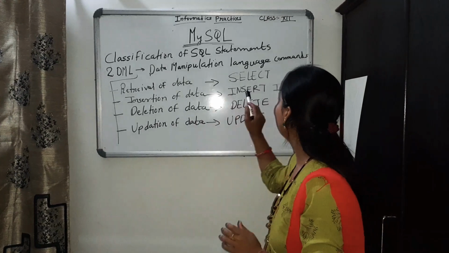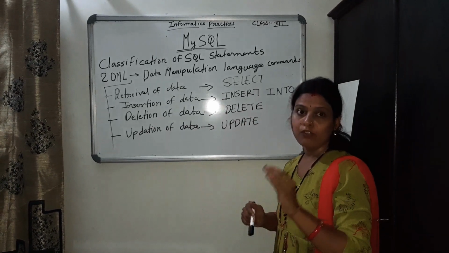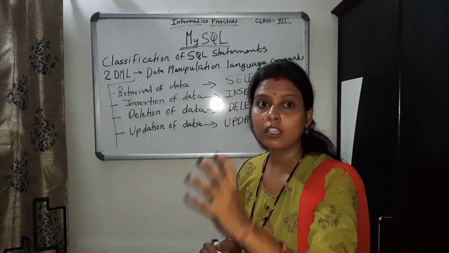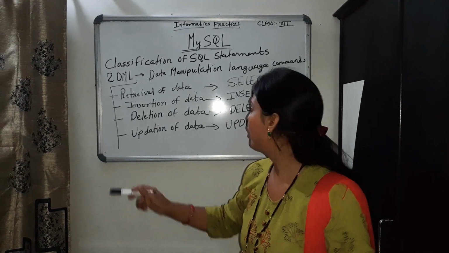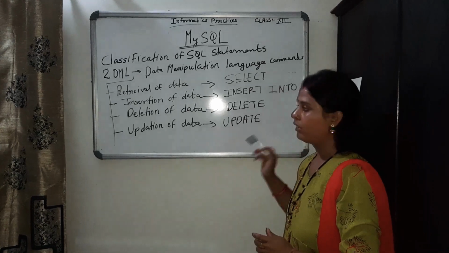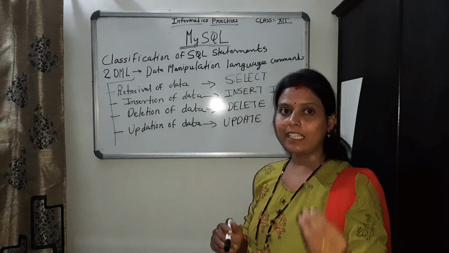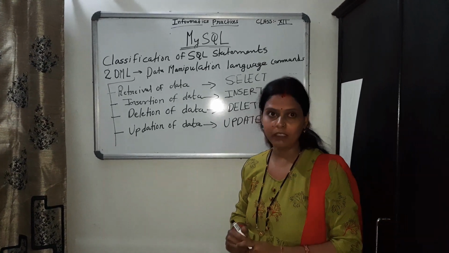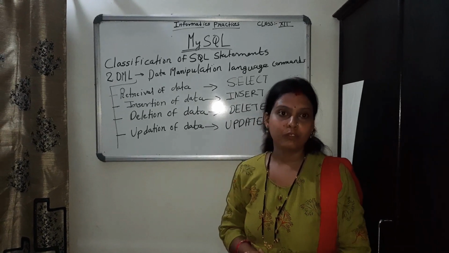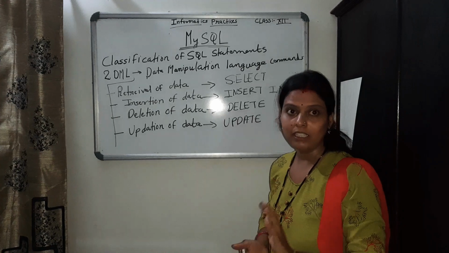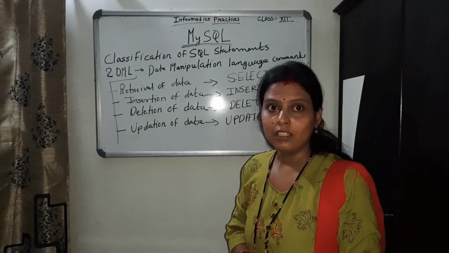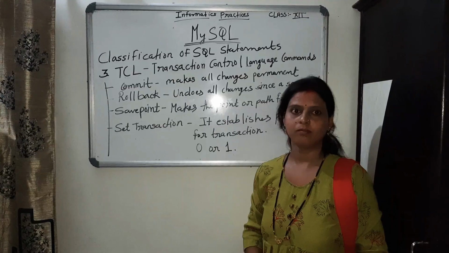You have to use the insert into command. If you want to delete any particular record or a field from a table, then which command do you have to use? You have to use the delete command. Now, if you want to update any record or any row of a particular table, then which command do you have to use? You have to use the update command. All four are DML commands. DML means data manipulation language commands.